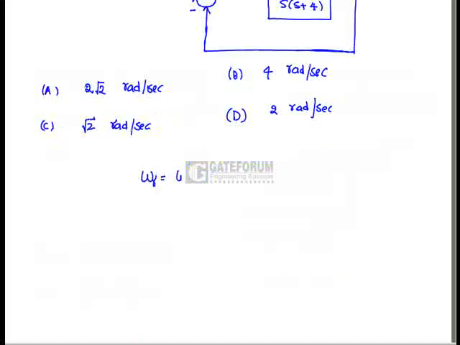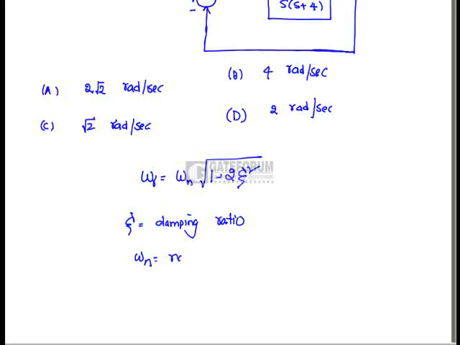Resonance frequency equals the natural frequency times the square root of 1 minus 2 zeta squared, where zeta is the damping ratio, omega n is the natural frequency. Units are radians per second.